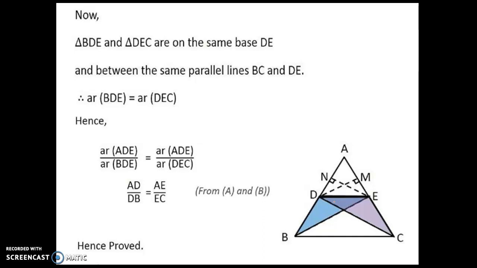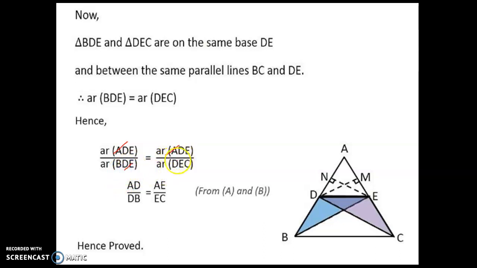So what we are having here: these two areas are equal, correct? This will get cancelled, and these two areas, just now I told BDE and DEC are equal. These two are also equal.